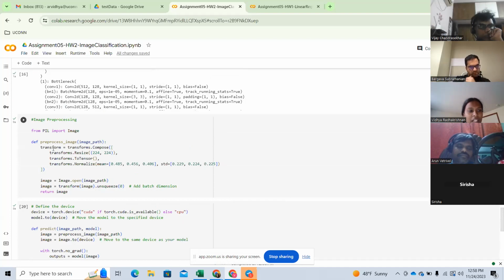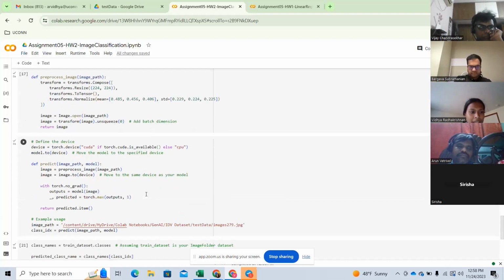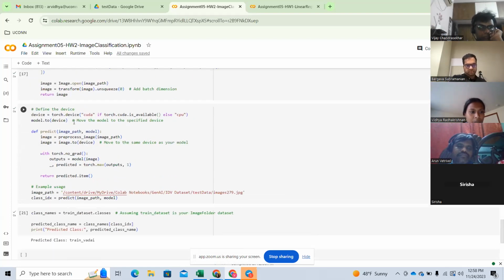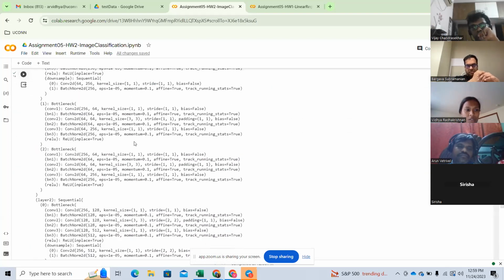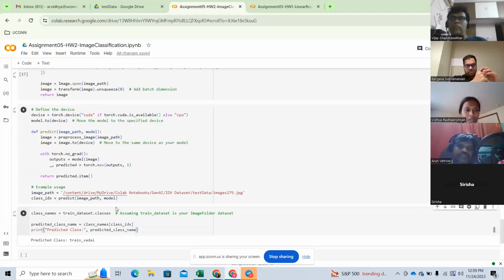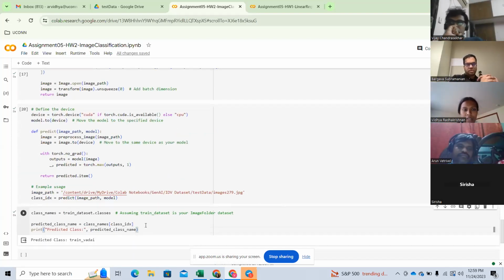The test image that I showed you is pre-processed into the same 224 by 224 pixels and normalized. Then we predict it using the model here. So the first part was to build and train the model, and the second was to test how it predicts the images.